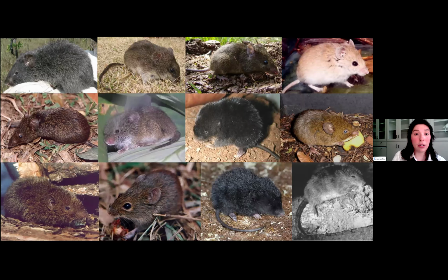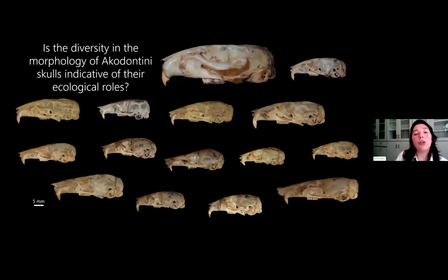So here we have the Akodontines. We have, of course, some more generalist species, but also more specialized, fossorial, semi-aquatic, and predatory species. They are quite diverse in morphology, as we can see in the pictures, and not only in external morphology, but also in skull shapes. And this is why I selected them as the focus of my PhD research.